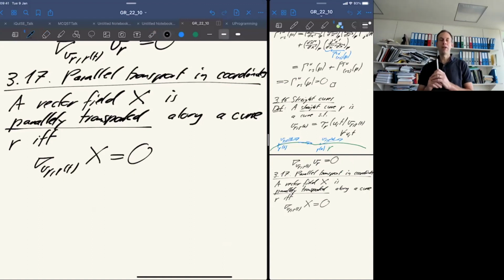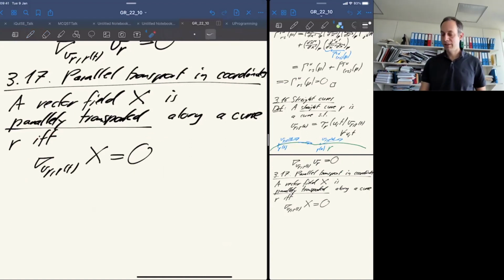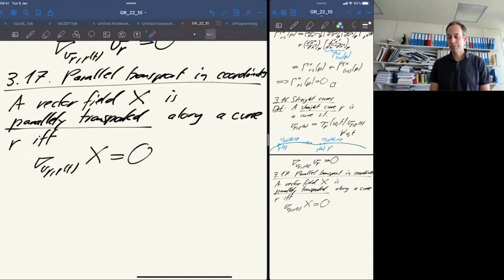So wherever I pass, I find new vectors and I check whether my gyroscope is aligned with these vectors. And if this is the case, we have mathematically this condition fulfilled. So the change of the vector field X relative to my gyroscope, which is implicit in this derivative, is zero. That means it doesn't change.